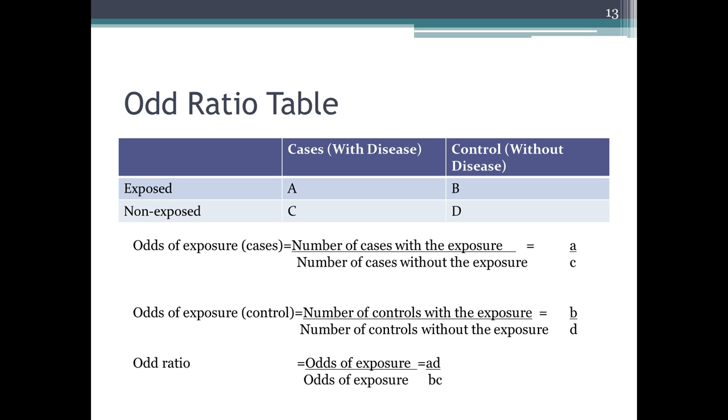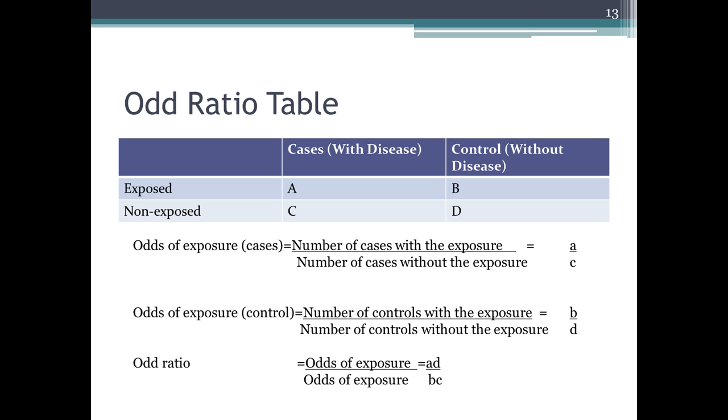Whereas the second row would be your non-exposed group, and then they have cases. These are the group that developed the disease but were non-exposed. And the non-exposed who did not develop the disease is represented by D.